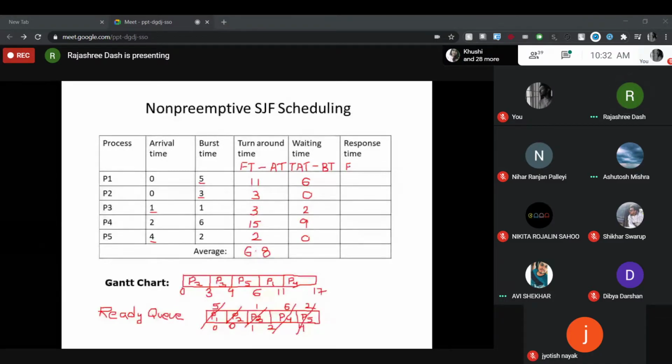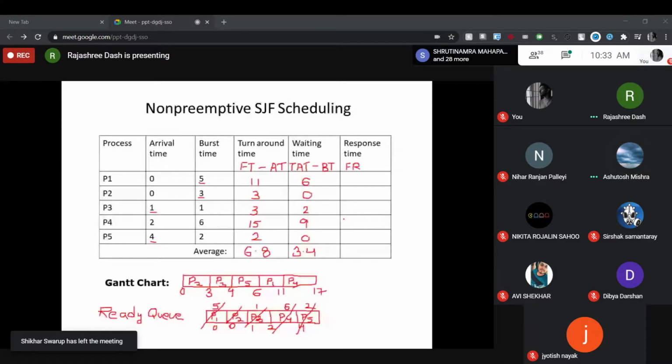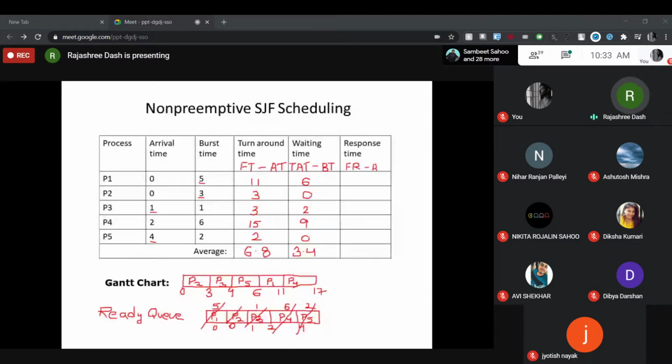So if you compare the average waiting time with the same problem we have solved using first come first serve scheduling, what was the average waiting time using first come first serve scheduling?